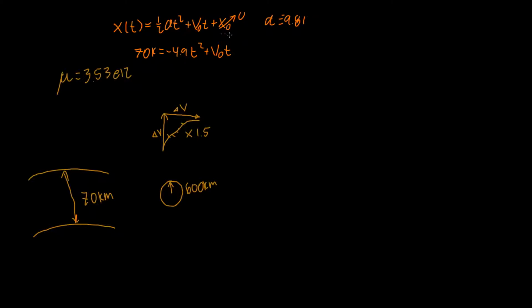We can just assume that we're up here and falling down, which is one way to do it. Now I can solve 70,000 equals 4.9 times t squared, and solve that for time. I'm just doing this with a calculator because I don't feel like doing it all by hand.